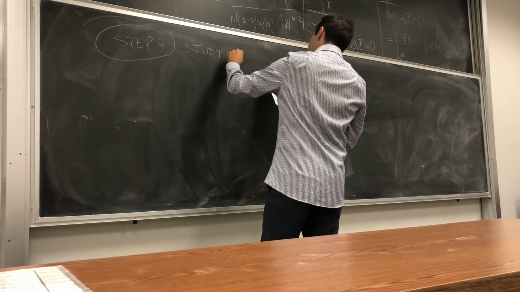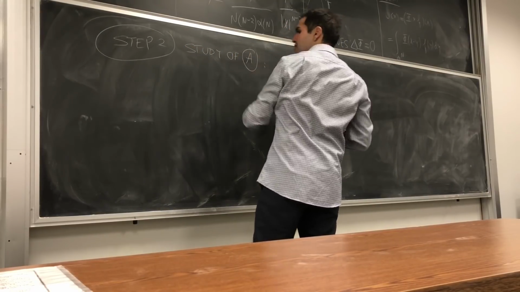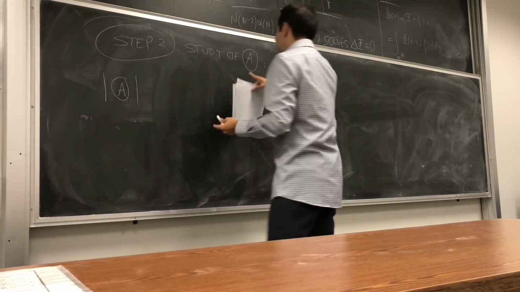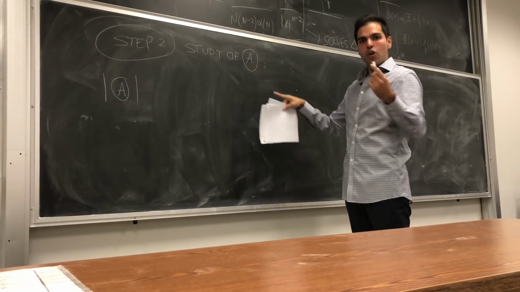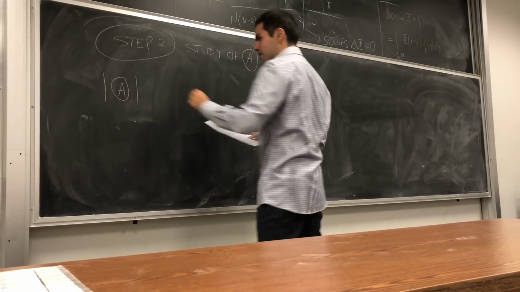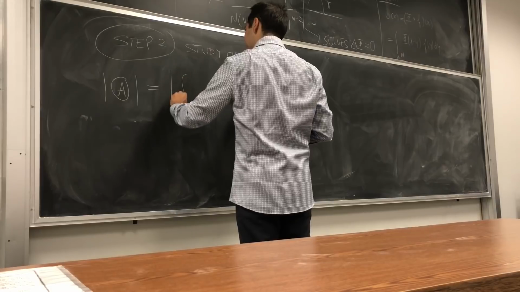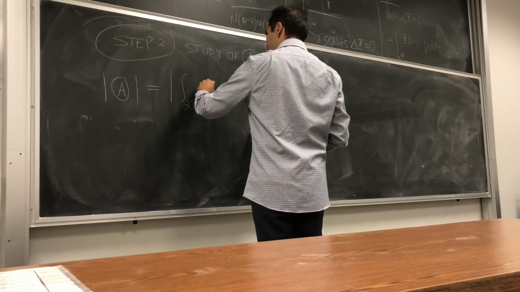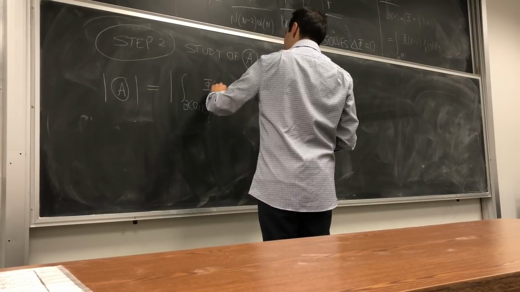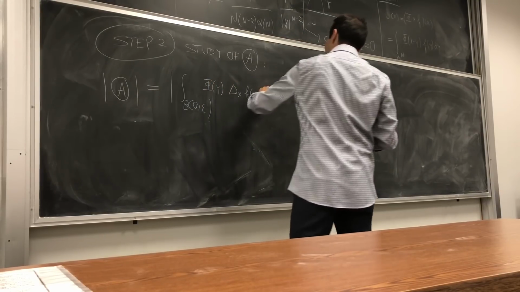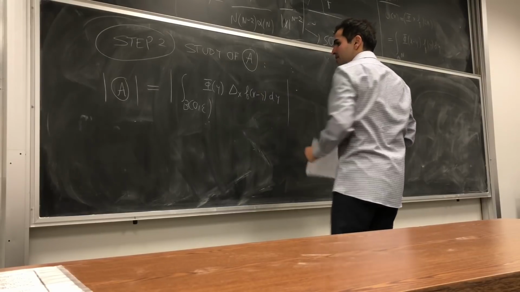Study of A. Let me remind you what A is. And by the way, we want to show that A goes to 0, so let's estimate the absolute value. So this is the absolute value of the integral around 0 of phi of y Laplacian with respect to x of f of x minus y dy.